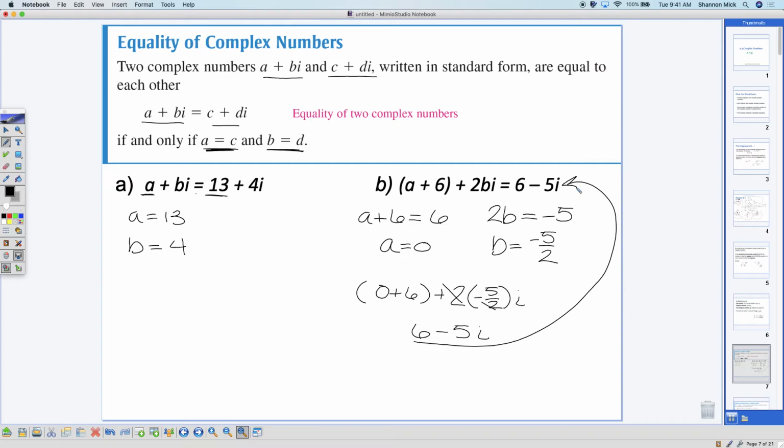It's not really different. Why would I add them? Because there's a plus in between them. Well, but this is real and this is imaginary, so they're not like terms, so I can't add them anyway. I'm just solving for the variable. And yes, i's take the same rules as variables with like terms, same rules as radicals. If they're not alike, you can't do anything with them.